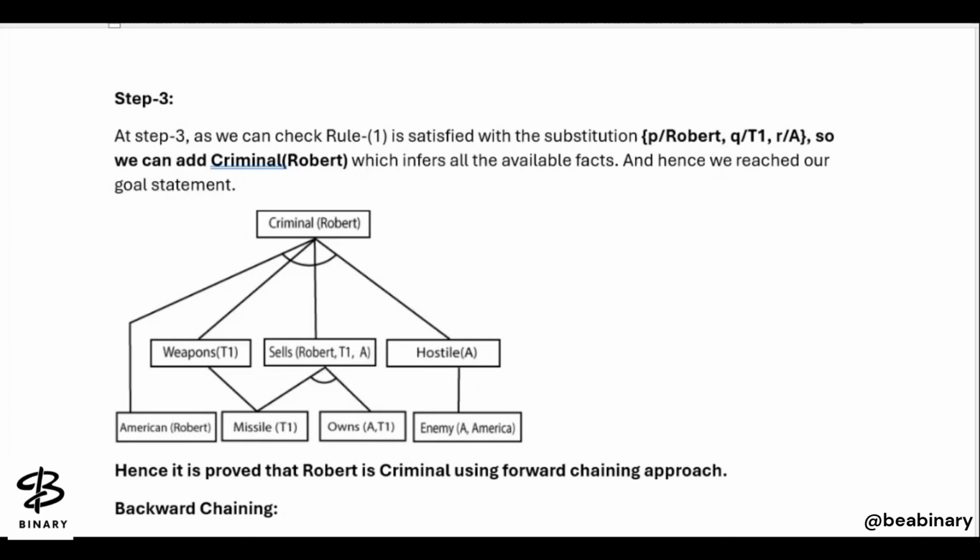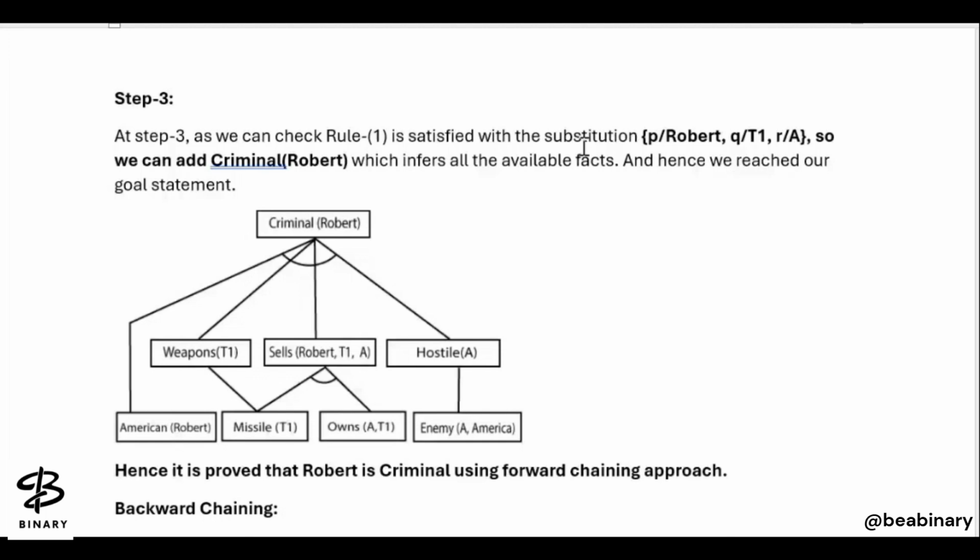Here, the same thing I am showing with another conversion. So the facts are converted into first order logic. First, it is a crime for an American to sell weapons to a hostile nation, and simply we are representing it with three variables P, Q, and R, right?